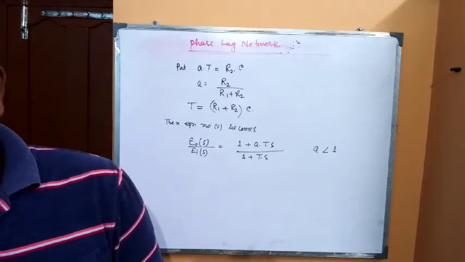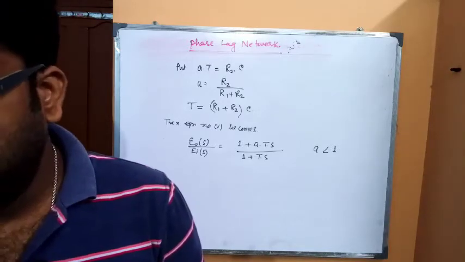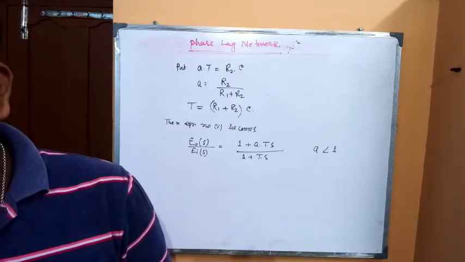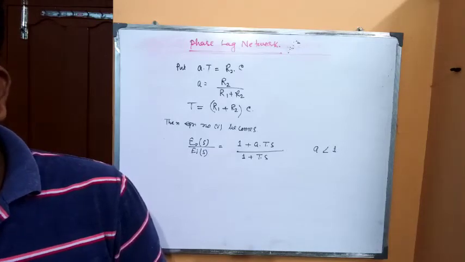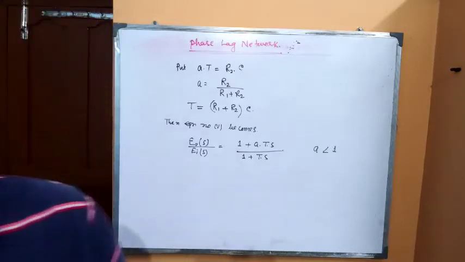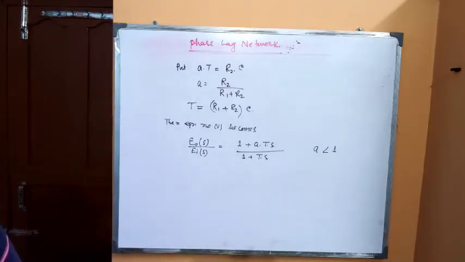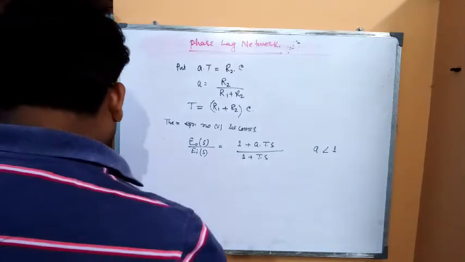So this reshaping requires the gain in the low frequency region. In the phase lag compensator, the gain crossover frequency is shifted to a lower value to meet the phase margin requirement.